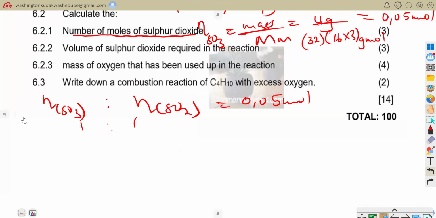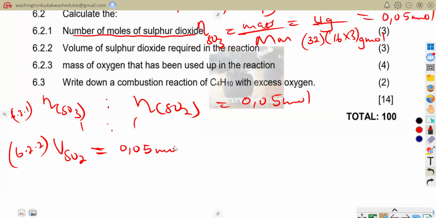The volume required would be 0.05 moles times 22.4 decimeter cubed for every mole of any gas, so that these ones cancel out.